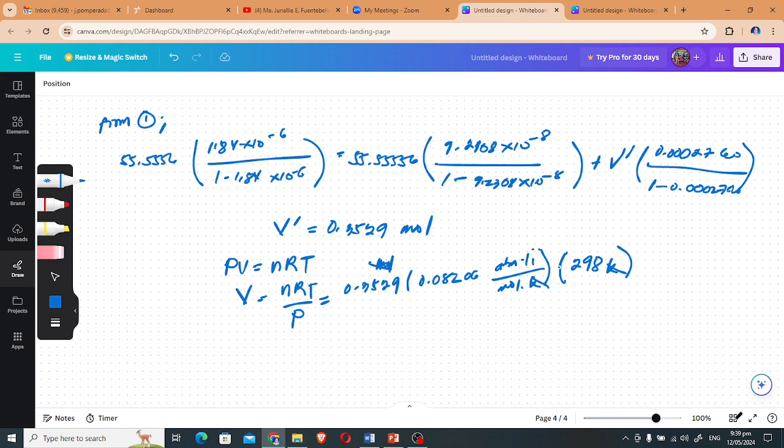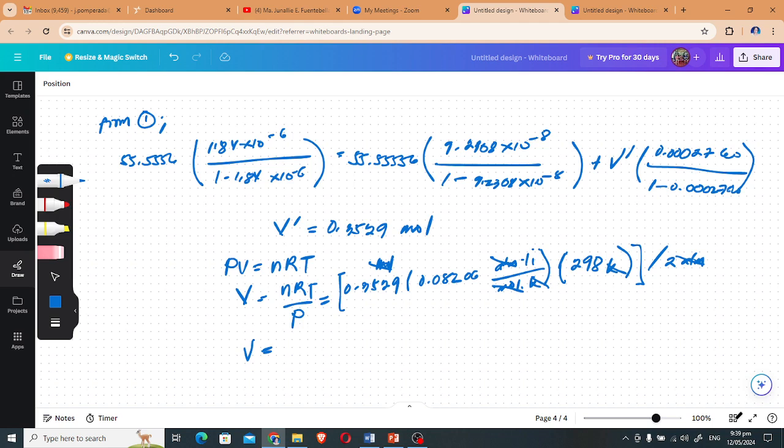Okay, so we canceled already the Kelvin, so the remaining unit to be canceled is the mole, and this is your nRT, so we need to multiply this by 1 over P, or division by P. So our P in this case is 2 atm. If you do dimensional analysis, you're just getting rid of the units that shouldn't be the unit of the variable that you are trying to find the value of.